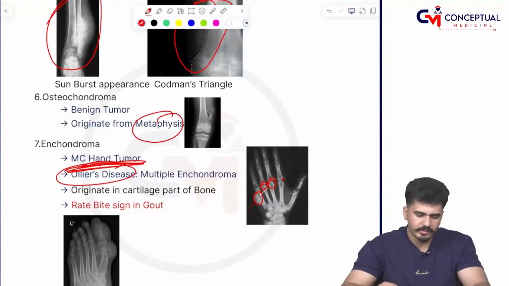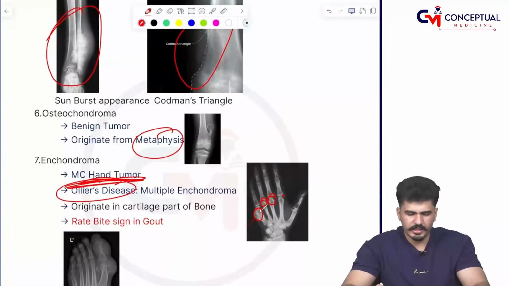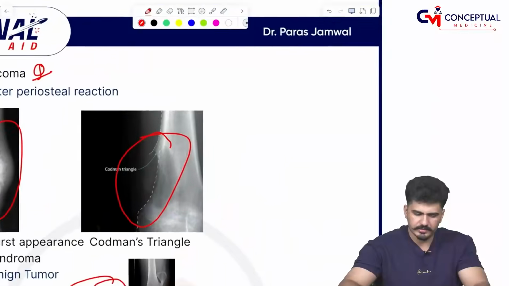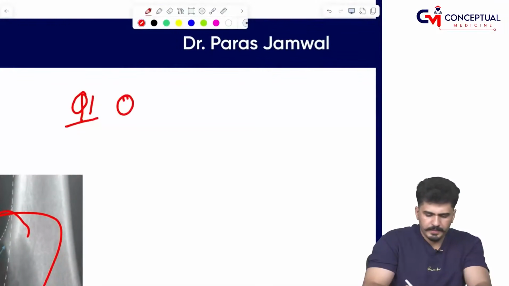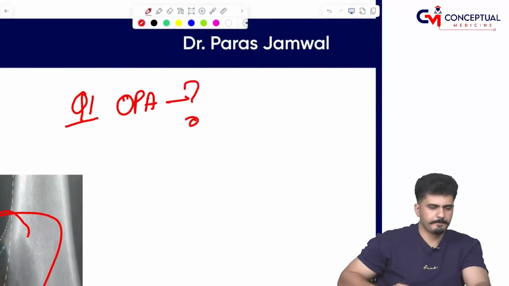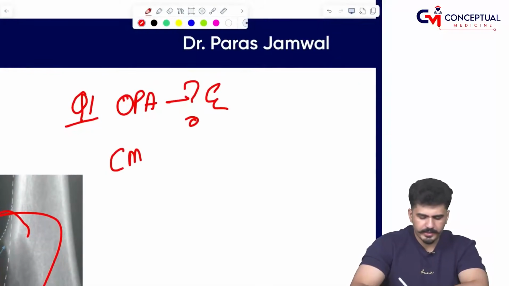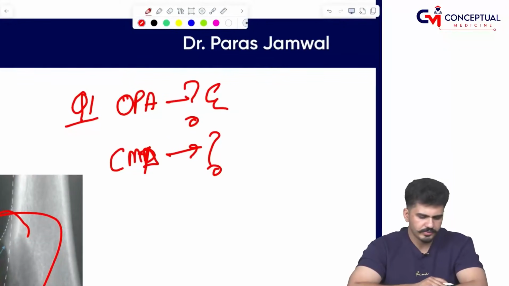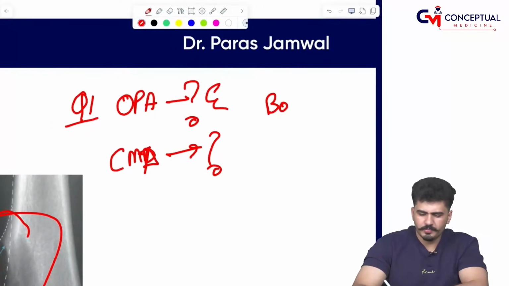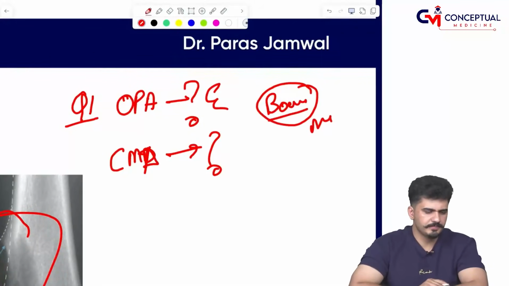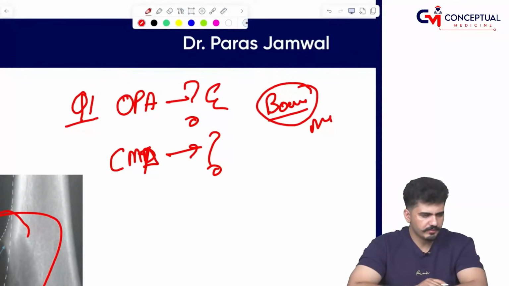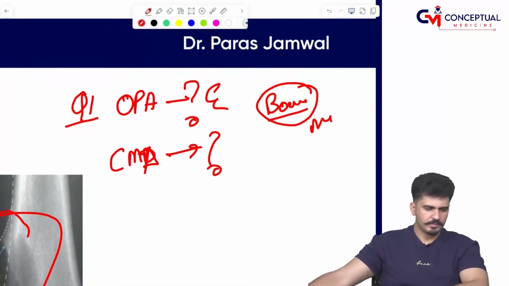Ollier syndrome. Okay, sir. Now I'll ask some questions and you will answer me, sir. Question number 1. Onion peel appearance is seen in Ewing sarcoma. Sir, Codman triangle is seen in osteosarcoma. Sir, benign tumor of the bone originating from the metaphysis is osteochondroma.